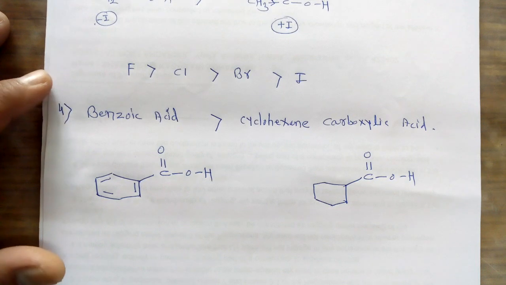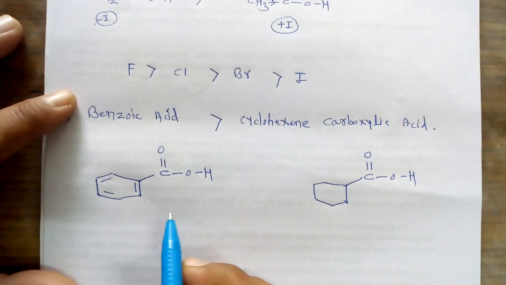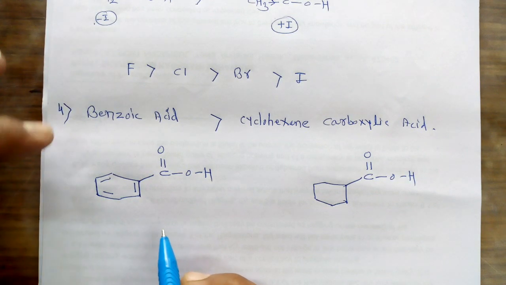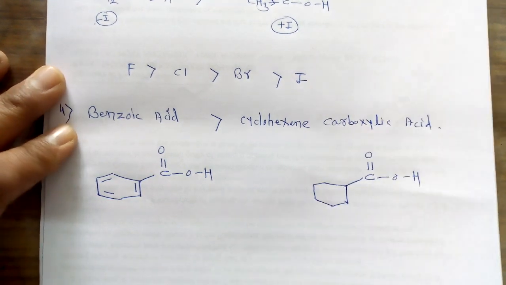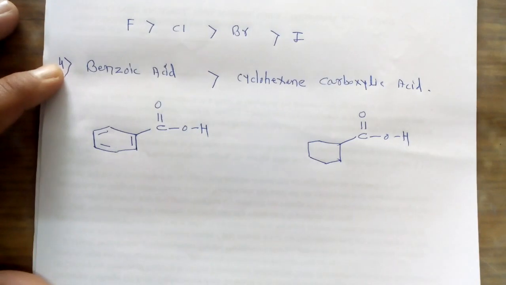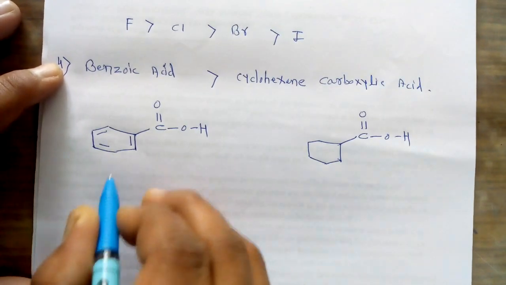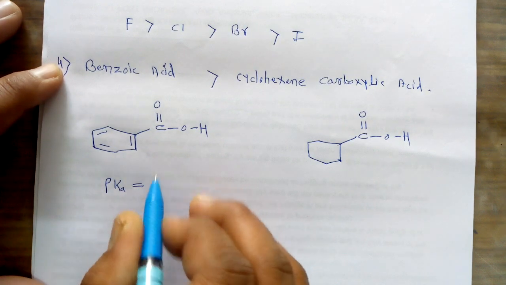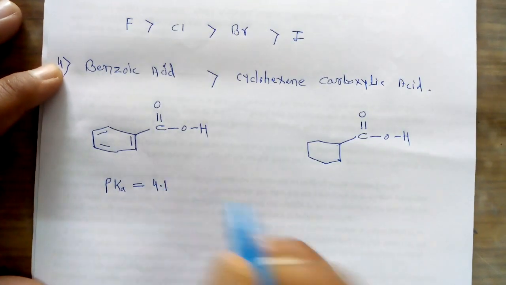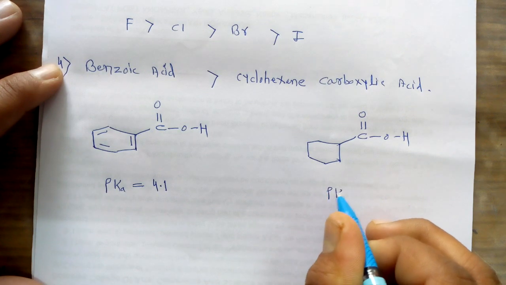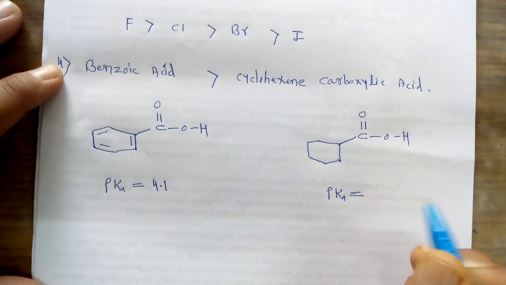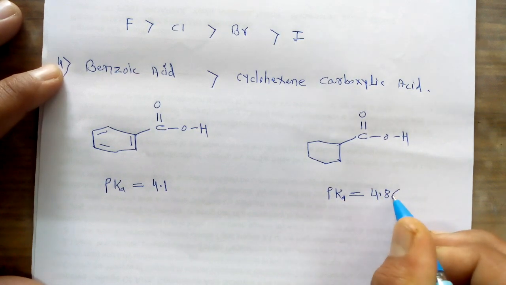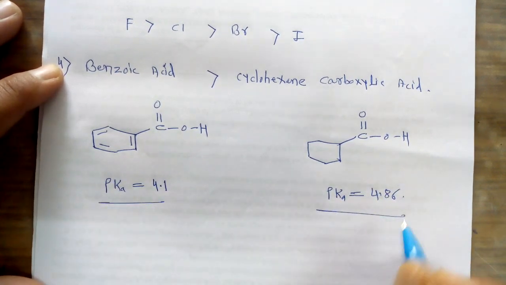Now we have to give justification why benzoic acid is more acidic, or a stronger acid, as compared to cyclohexane carboxylic acid. If we consider their pKa values, the pKa for benzoic acid is equal to 4.1, and for cyclohexane carboxylic acid its pKa is 4.86. So we have to give the justification.